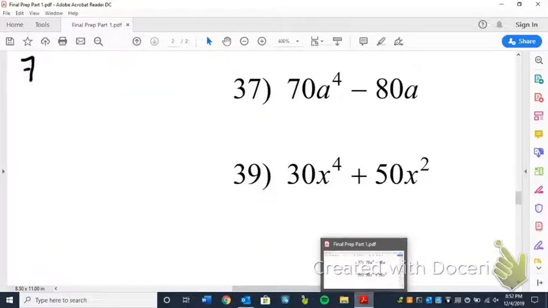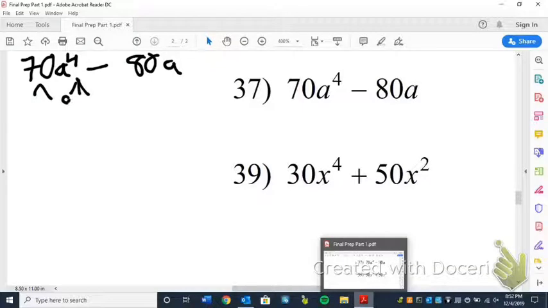Number 37. I guess apparently I'm doing this now. So I have 70a to the fourth minus 80a. So 70, we're going to go 1 and 70, but I guess I did my a's first.